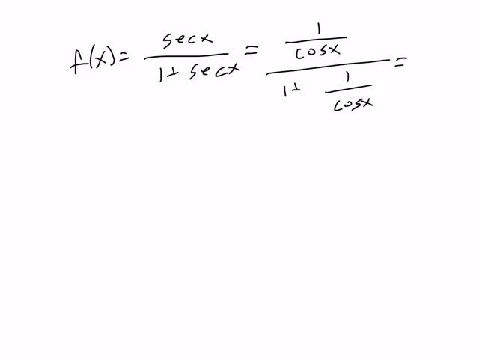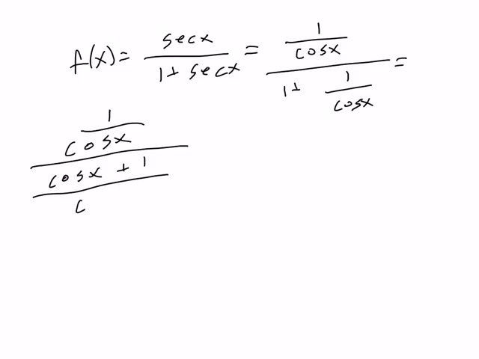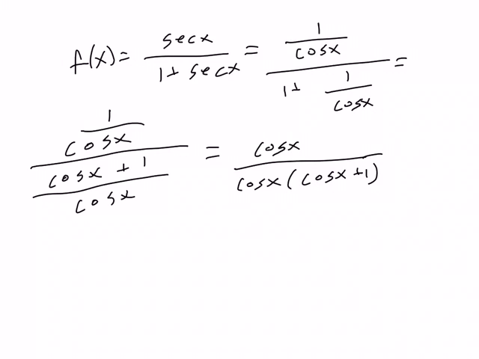Okay, so this is equal to 1 over cosine x over cosine x plus 1 over cosine x, finding the common denominator, and this is equal to cosine x over cosine x times cosine x plus 1. So now we can take the derivative of this.